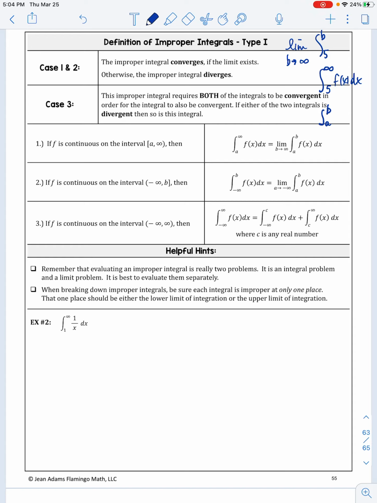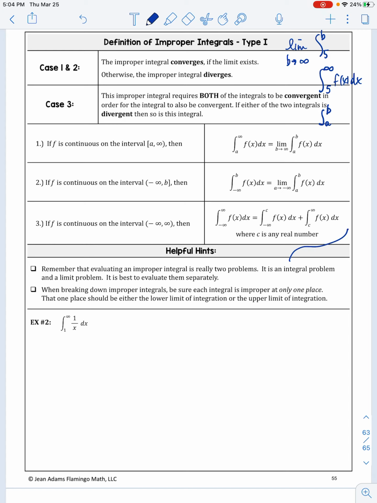And here's our case 3. It's going from negative infinity to positive infinity, so we have 2 separate integrals. Just pick a number. Usually I pick 0, unless there's some problem with 0.